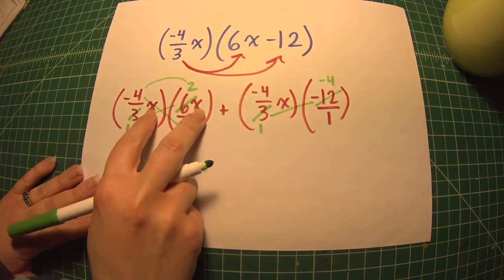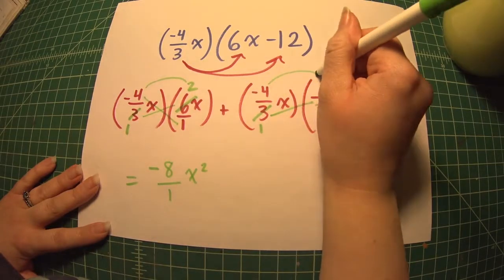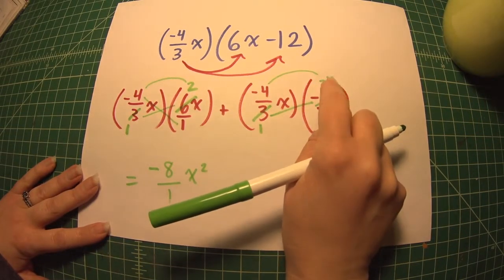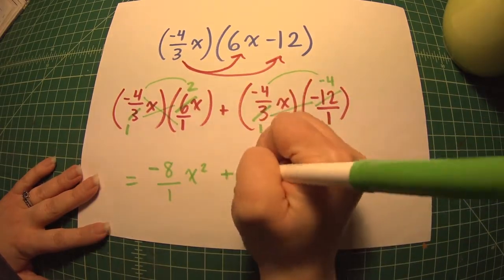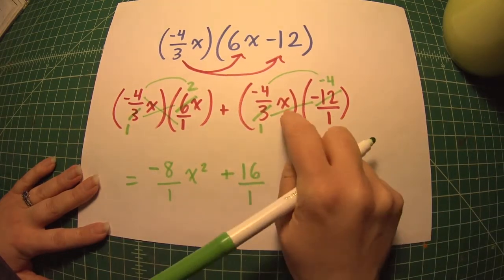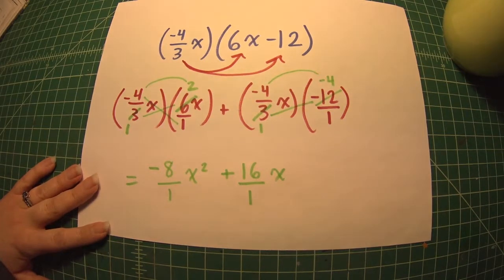I'm doubling up on x's. Now on to this one. So top times top, I've got a negative 4 times a negative 4. Match. So that turns into a positive. 4 times 4, 16. 1 times 1, 1. X times nothing. It's just going to be x.